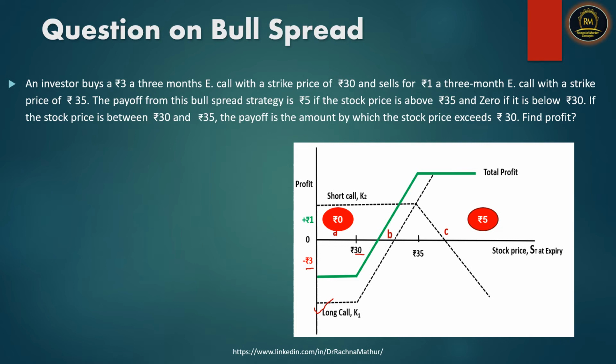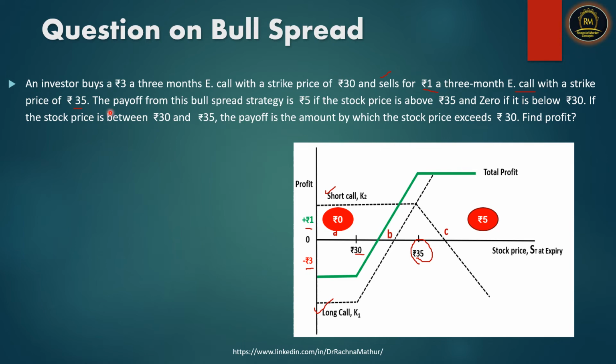The next condition is he sells for rupee 1 a 3 month European call with a strike price of 35. So our higher strike is rupees 35, at which the investor hedges the position, takes a short call and receives rupee 1 for creating the short call.